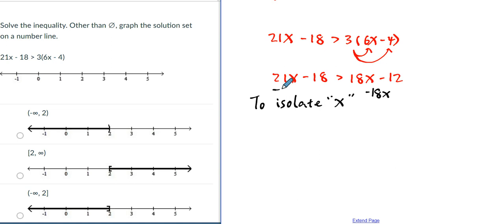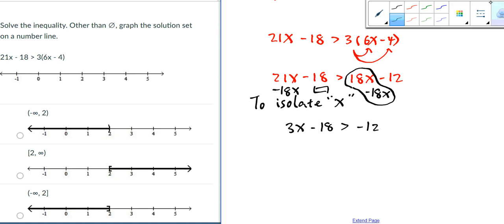Here we do the same thing, minus 18x. Then you will get those two cancelled. So then 21 subtract 18, you have 3x minus 18. Take this one down. And here greater than negative 12.